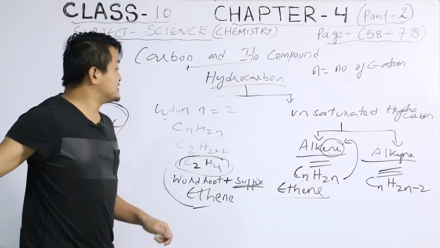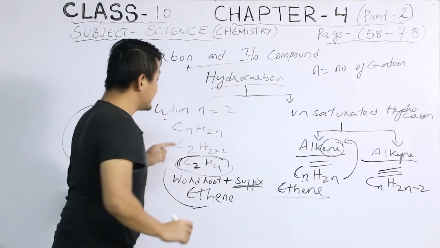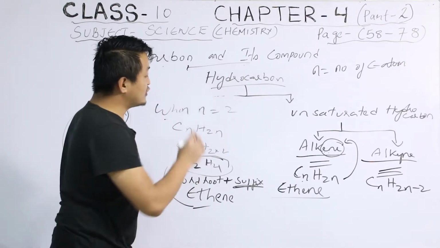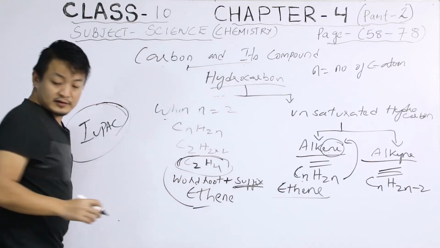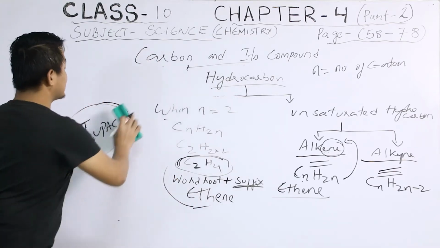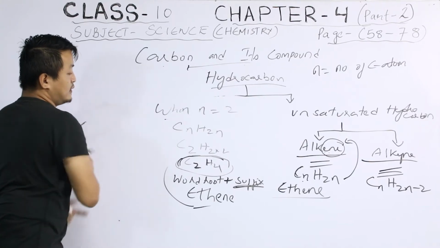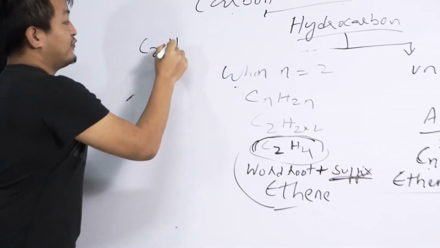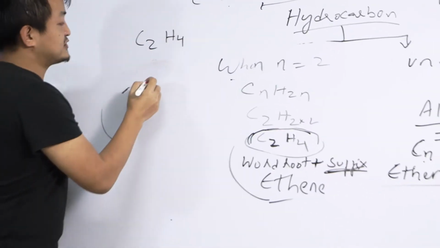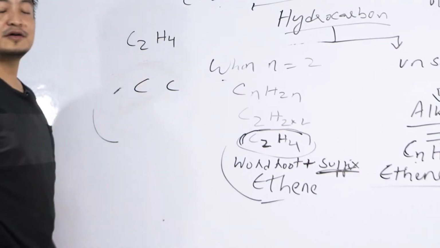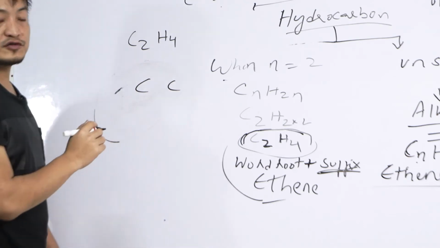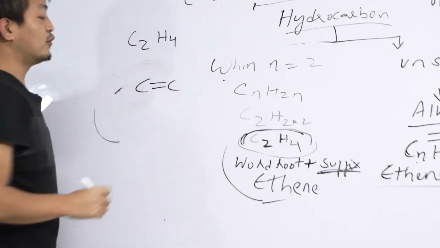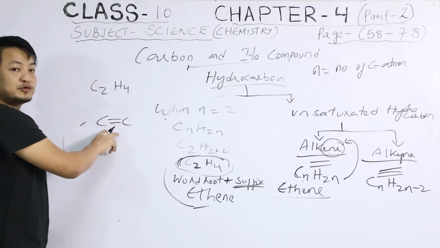Now in this formula we have a double bond. If you have to draw the structure of C2H4, it will be in this way. We have 2 carbon atoms and also 4 hydrogen atoms, and there will be a double bond between the carbon atoms.